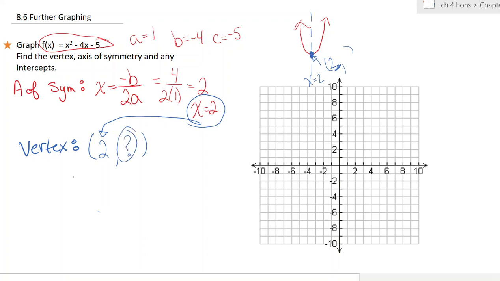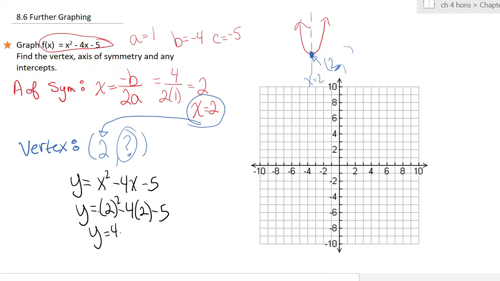So we take the 2 then, and we use the equation given, and every time we see an x, we're going to substitute in a 2. So 2 squared minus 4 times 2 minus 5. Y equals 4 minus 8 minus 5. Y equals negative 9. So the vertex, now putting it all together, is 2 comma negative 9.